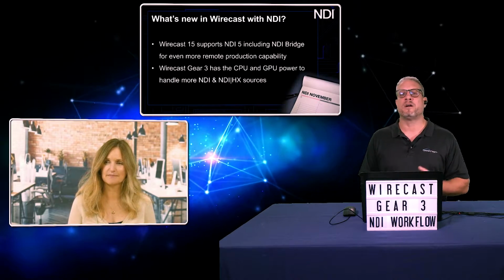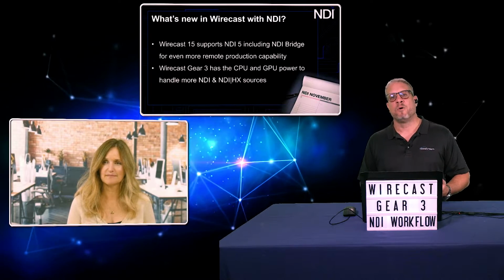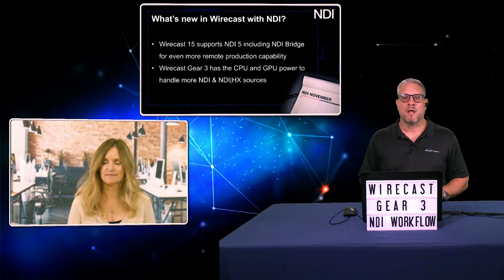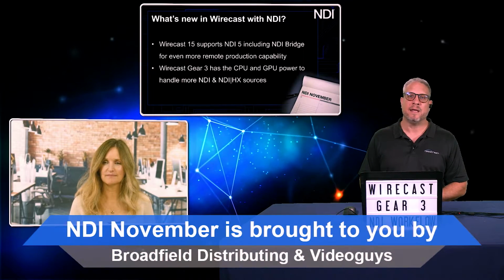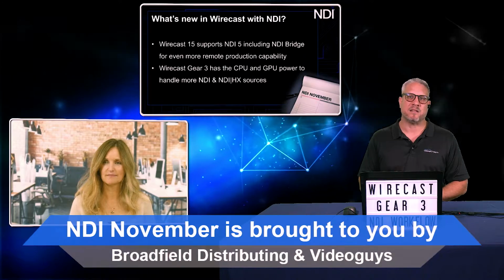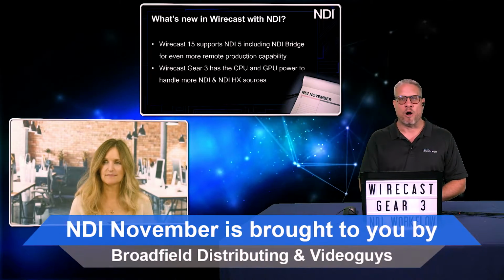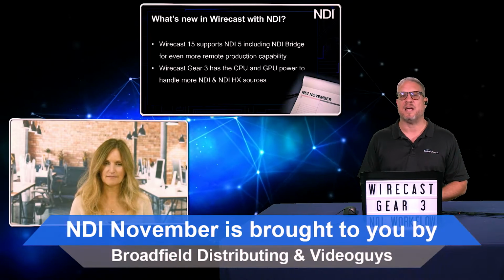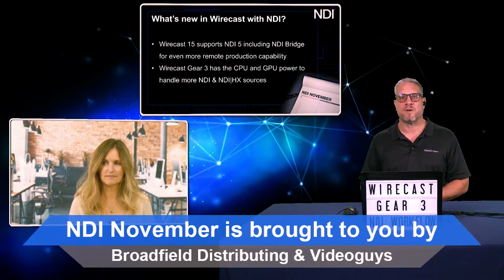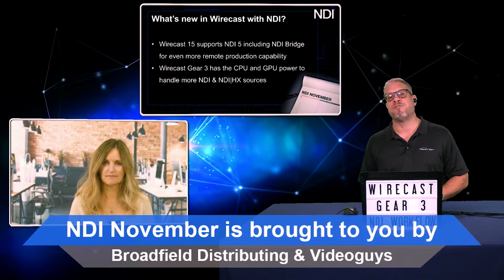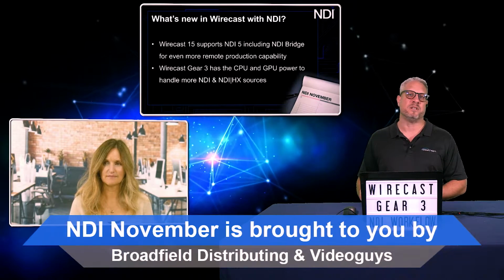Absolutely, and I wanted to let our customers know that really is one of the biggest differences when you are comparing some of these different protocols. Full bandwidth NDI just means that more of the processing is being done at the source device itself or on the network switch. The high efficiency bandwidth, the NDI HX, even the newest flavor, NDI HX3, you're just requiring a little bit more processing power at the production system.